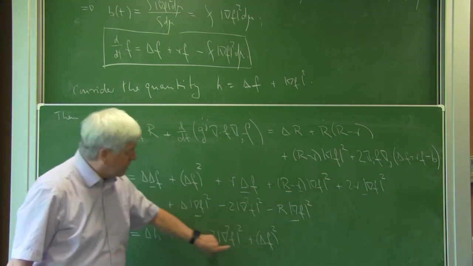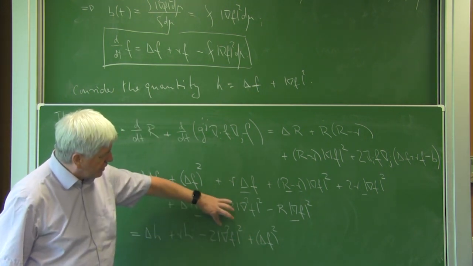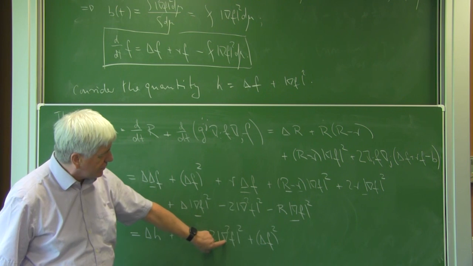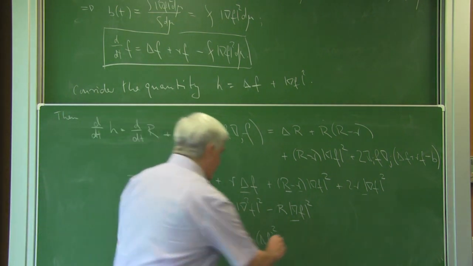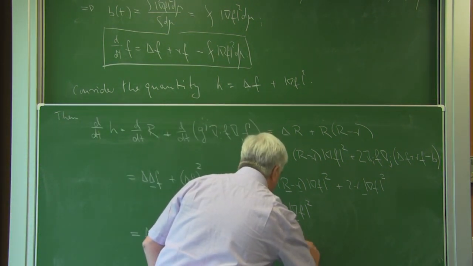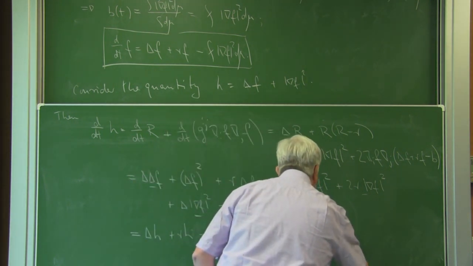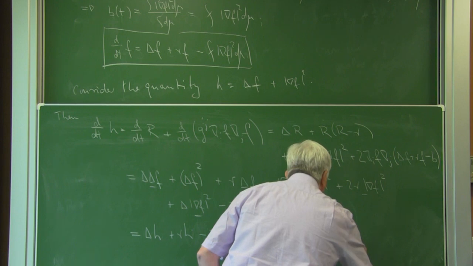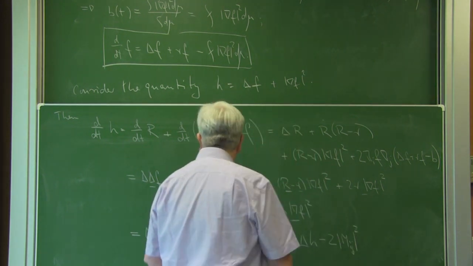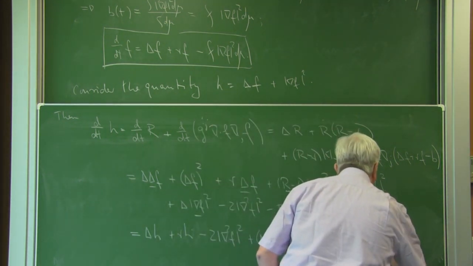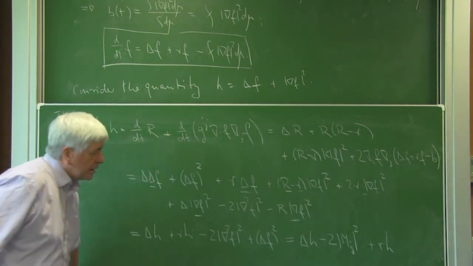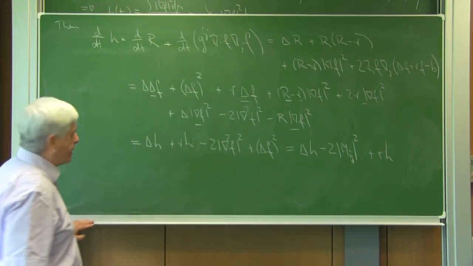So these two combine and give me just minus 2 times the trace-free part of this tensor squared. So I can write the whole thing as the Laplacian of h minus 2 times the tensor, let's call this m_ij, squared, plus r times h, where m_ij is the trace-free part.